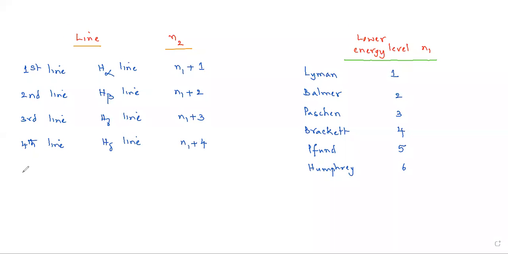N1 plus 4, that is the fourth line. And you know the last line in any series is of course called series limit, or you can also say the limiting line of the series. For that, N2 is infinity. Got it?